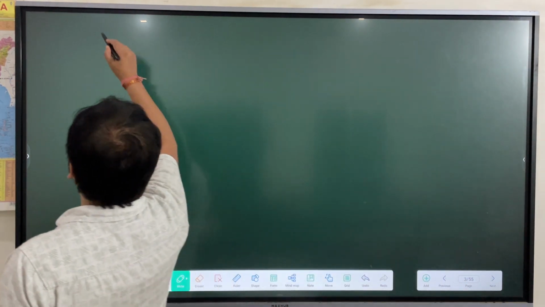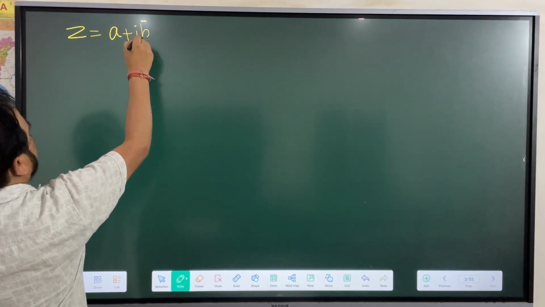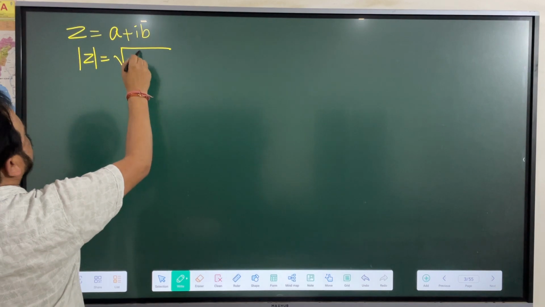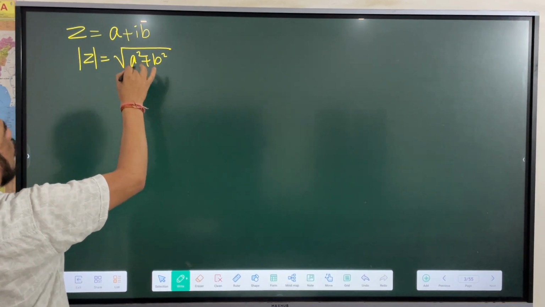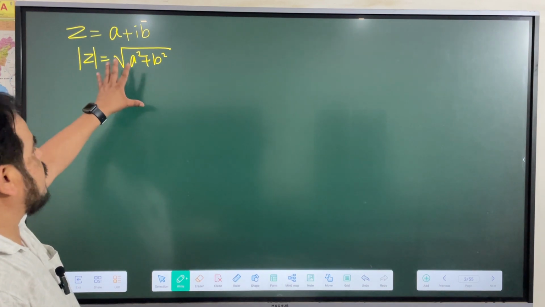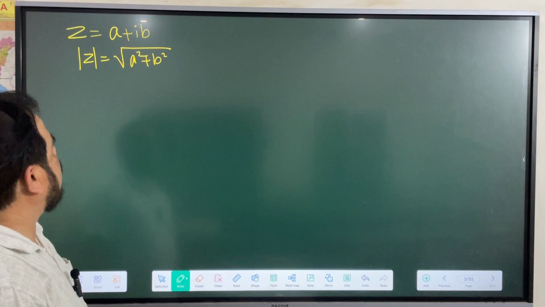Now for any complex number, we know mode of z is equal to square root of a square plus b square, which we already got in the previous video, previous exercise. This modulus of z is square root of a square plus b square.